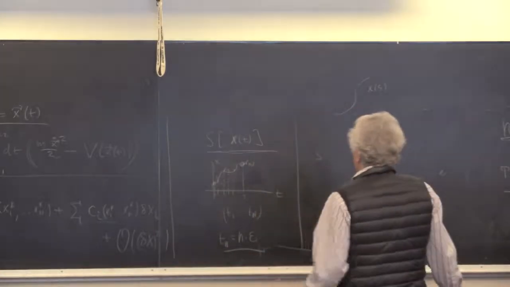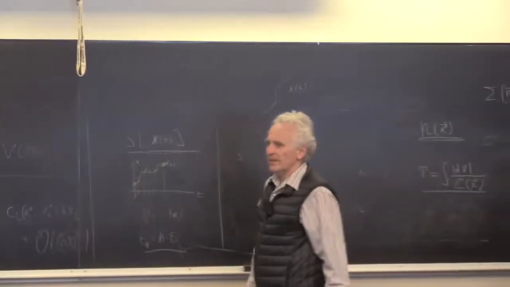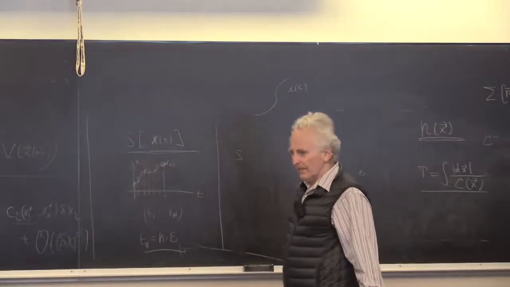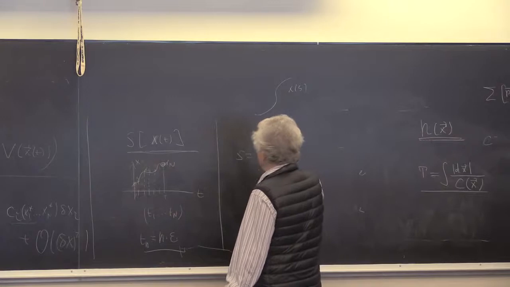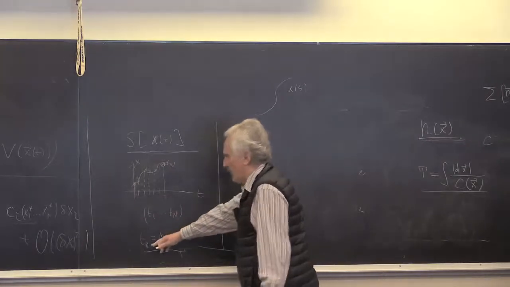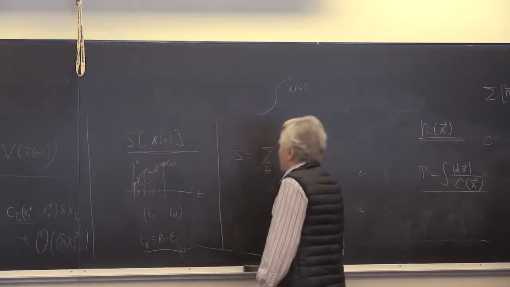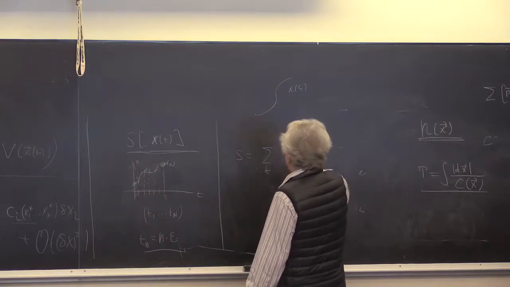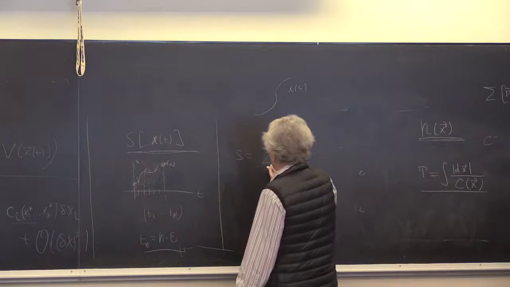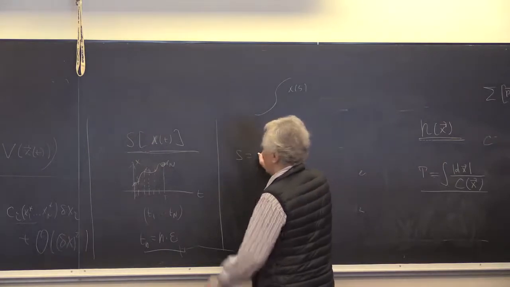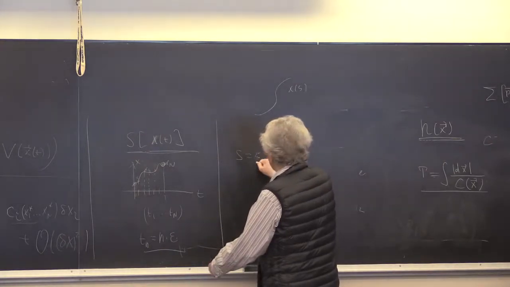So what will stand instead of the integral? Summation. Yes. So we will have a sum over n, and we multiply it by the interval, which is epsilon.